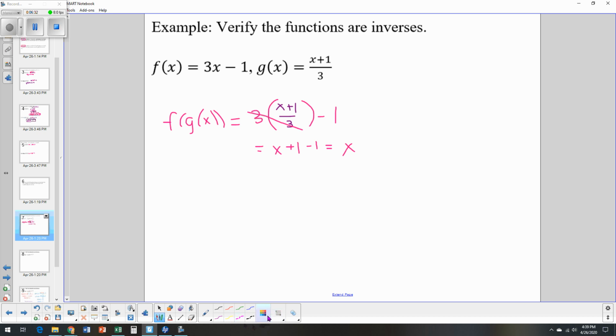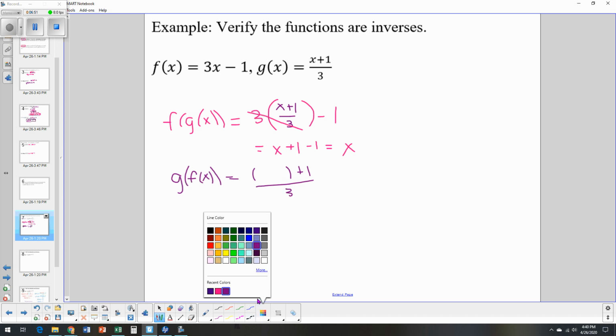So now I'm going to do the other one, g of f of x. I have the variable on top of my fraction, so x plus 1 all over 3. And now I'll substitute in my f, which was 3x minus 1.